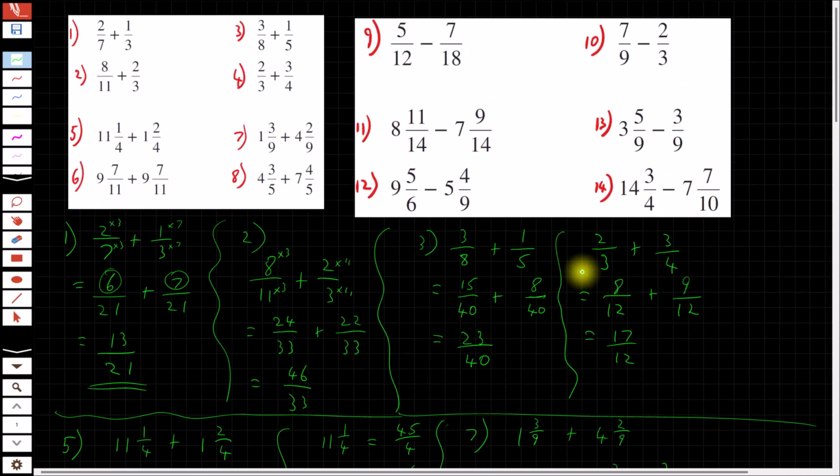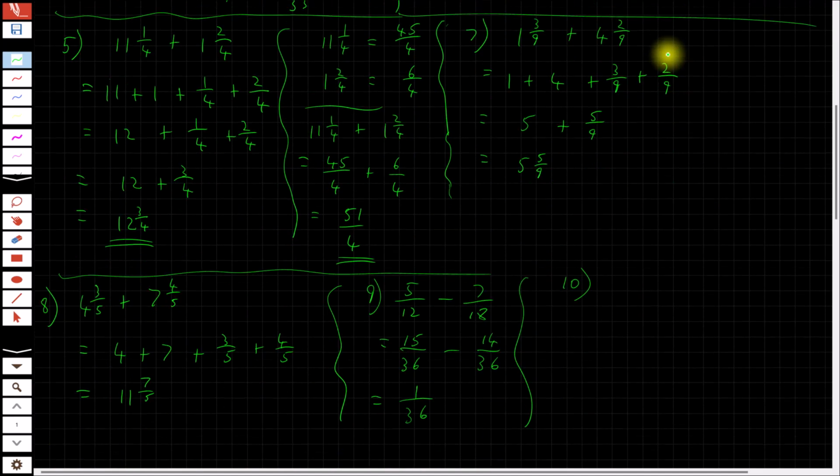Seven over 9 take away 2 over 3. A 9 and a 3, let's make the denominators 27. To get the 27 here, we multiply 9 by 3. So to do the same to the top, 3 times 7 is 21.